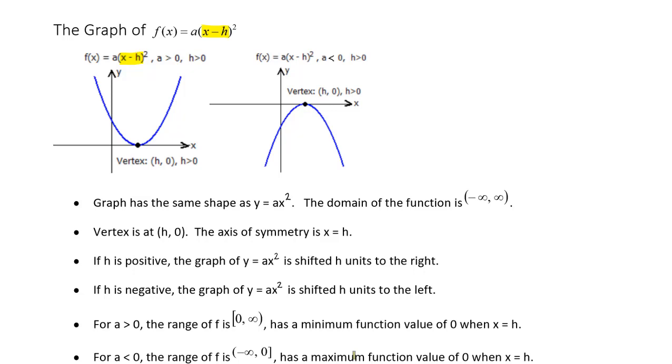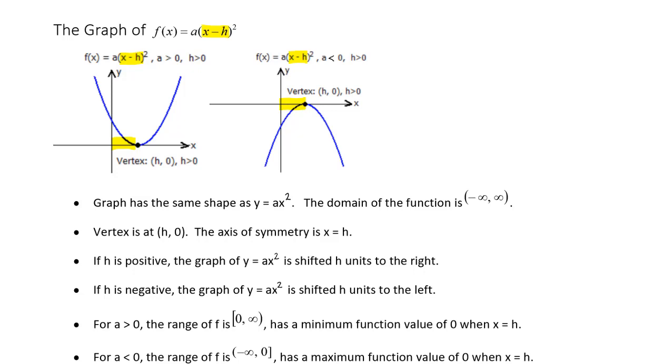So just as before, if a is greater than 0, the parabola is opening upwards. And if a is less than 0, the parabola opens downwards. But if you include this idea of an x minus h as part of your square in the parabola, then it will shift the function either to the right or to the left an amount h.